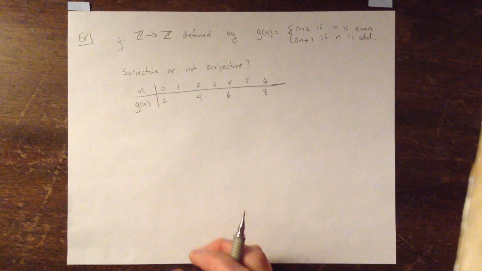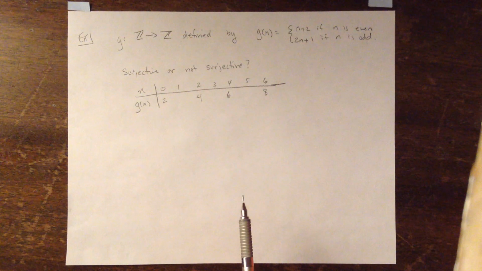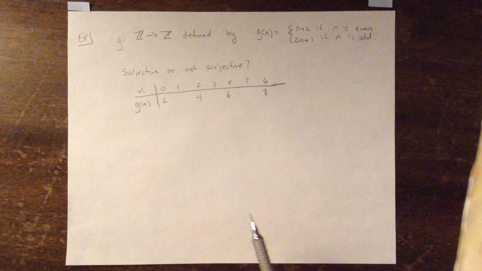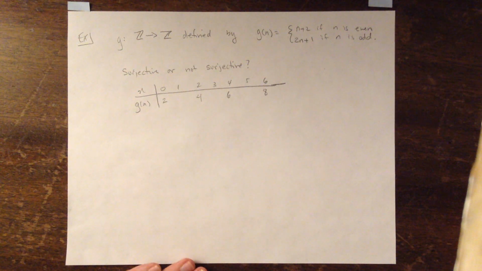And so it looks like certainly we can get all of the even numbers out. If any even number I want to get out, I would just plug in the even number before it. And I probably should have gone down with some negatives for the inputs, but you can imagine going down lower in the left-hand direction.